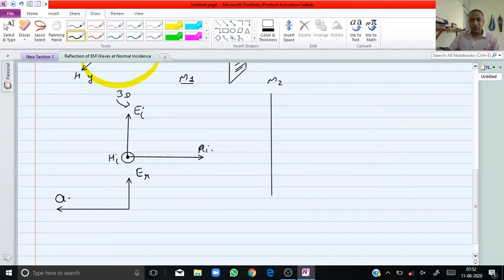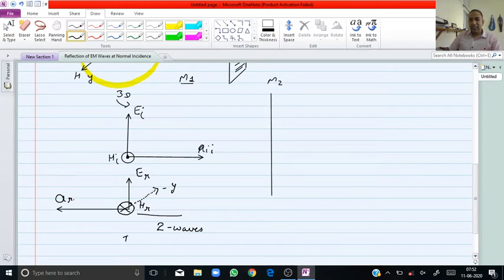So this is your reflected wave, so the direction of H will also get changed, and this now becomes HR, and this will be in the direction of minus Y.